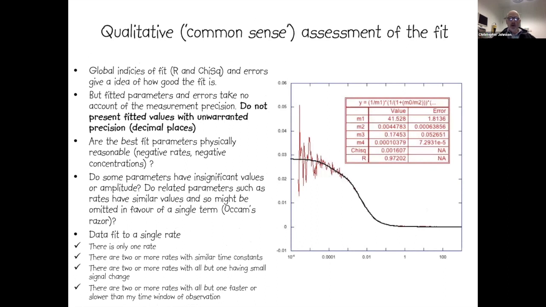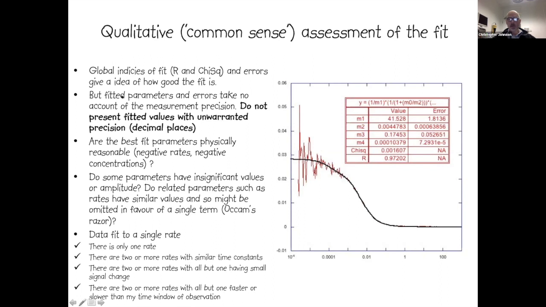So how do we decide if the fit that the program is giving us is any good? We advocate generally a much more common sense assessment of the quality of fit. Obviously, when you do a fit, you will get a series of values for your parameters, and indices of the goodness of fit, the R value and the chi-squared. These do give some idea about how good the fits are.